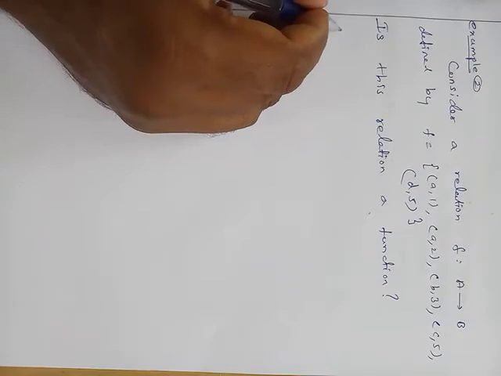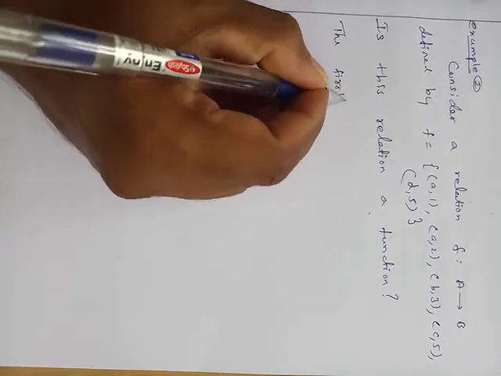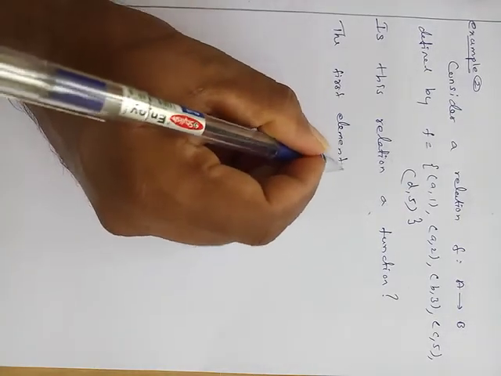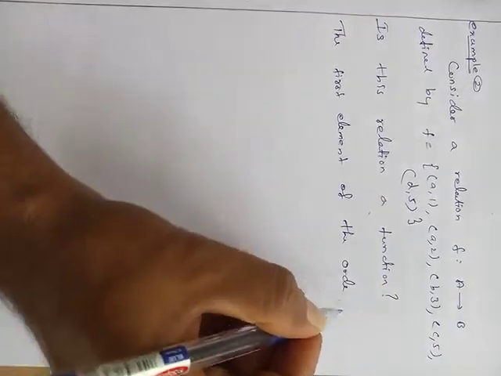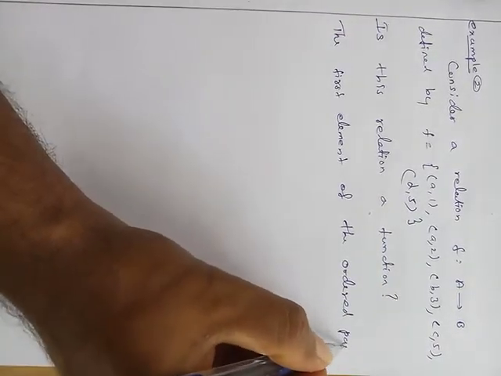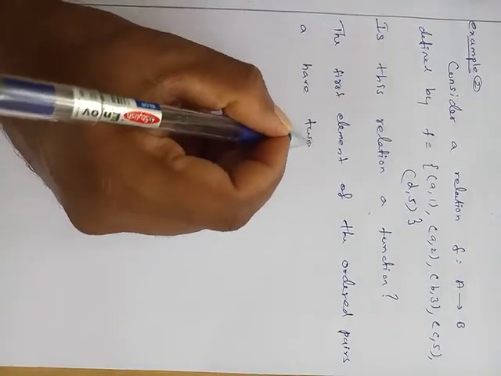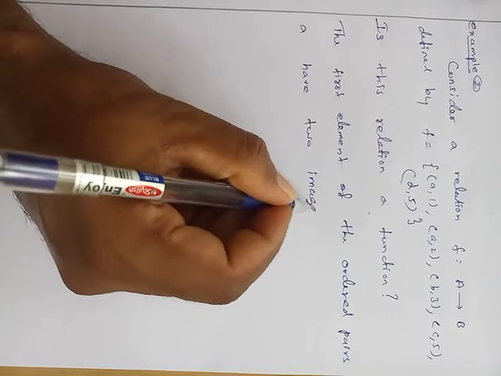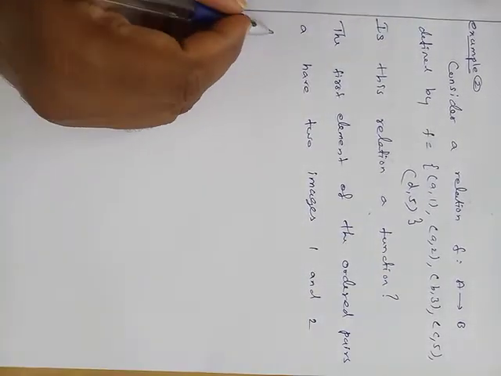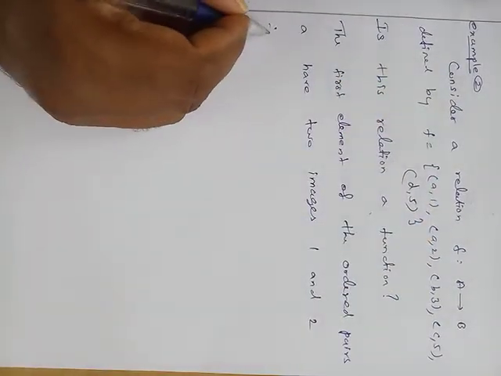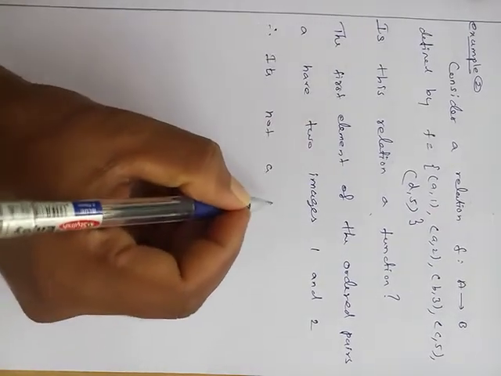The first element of the ordered pair, a, has two images, 1 and 2. Therefore, it is not a function.